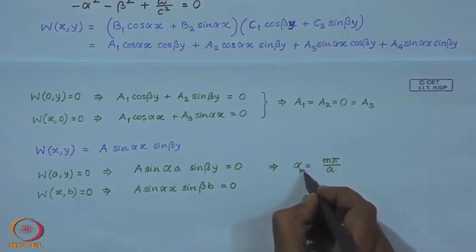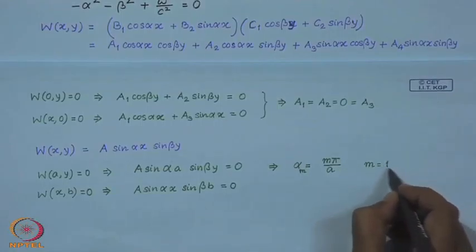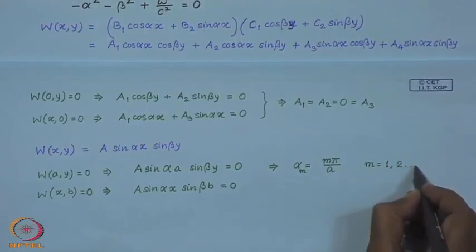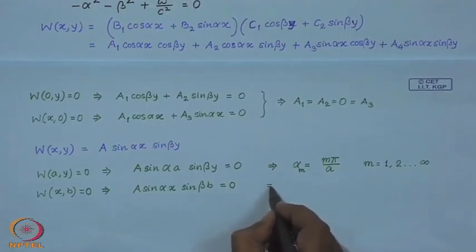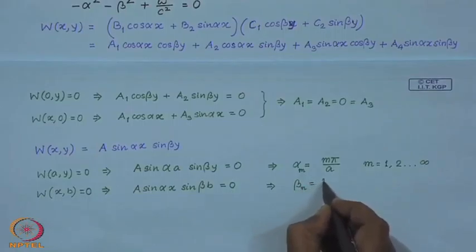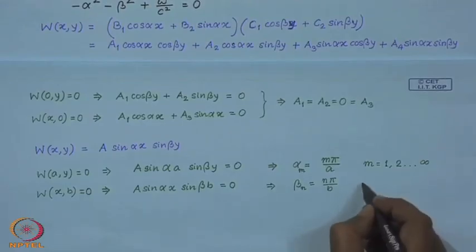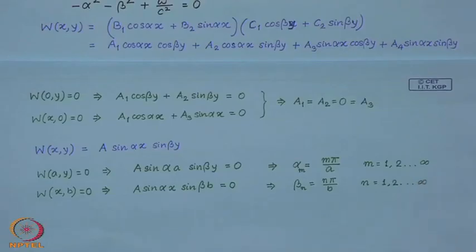So this gets indexed, and there are infinitely many values of alpha m, and similarly from here this gets indexed by n, and there are infinitely many values of beta n.